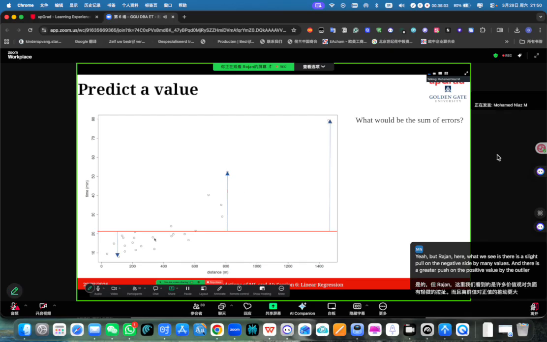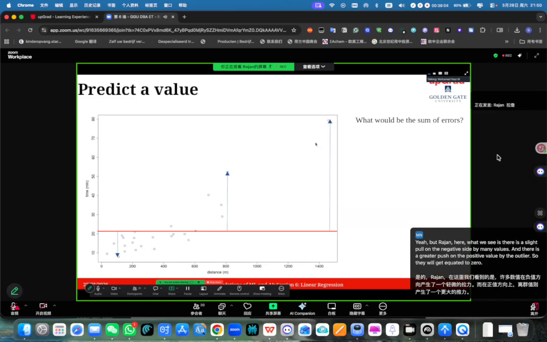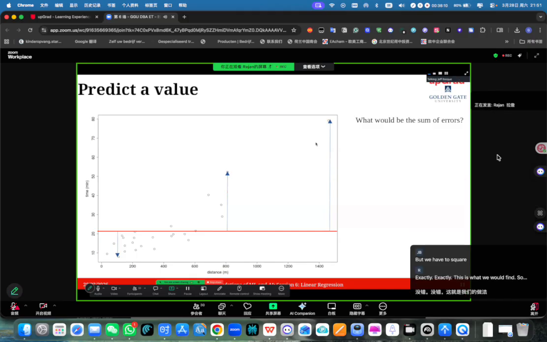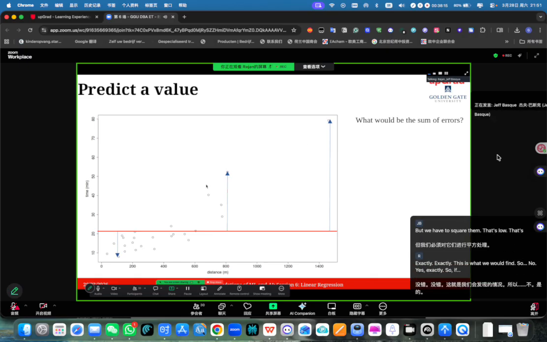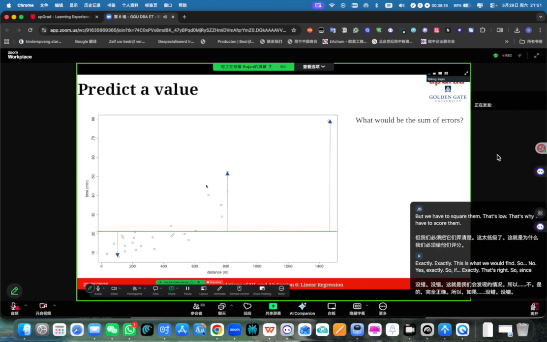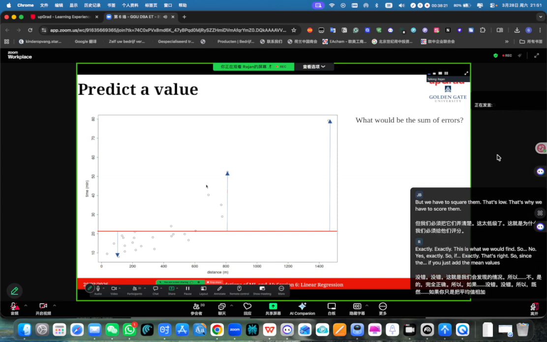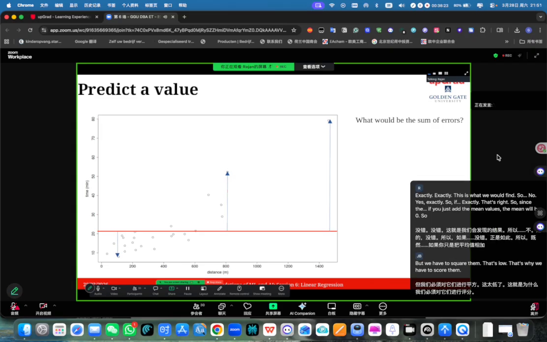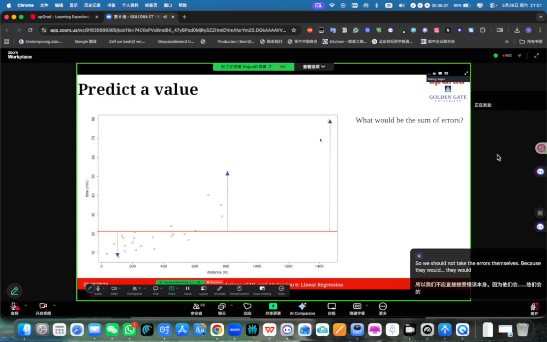So they will get equated to 0. Exactly. This is what we would find. So if we just add the errors, the sum will be 0. So we should not take the errors themselves because they would all add to 0. So we'll have to look at squares.